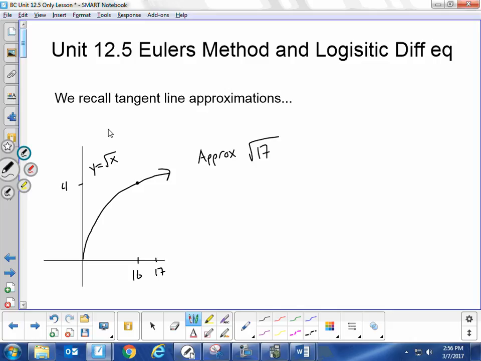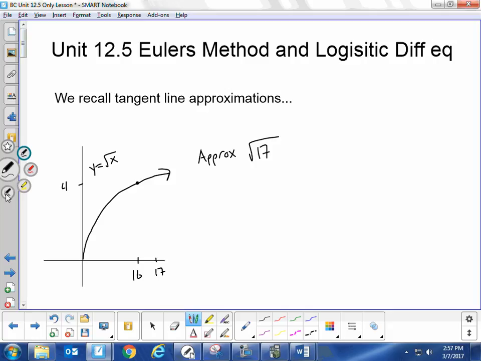Okay, let's remember from the first semester, one of the last lessons was using tangent lines to approximate values. Let's approximate the square root of 17. I have the function y equals the square root of x, and I know the square root of 16 is 4.